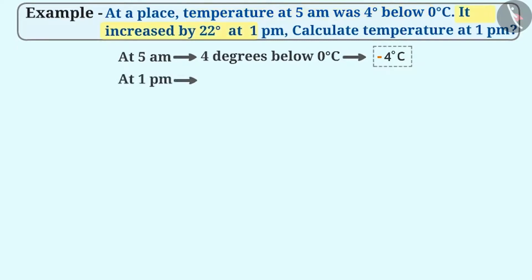Temperature increased by 22 degrees centigrade at 1 p.m. Since the increase in temperature is represented as a positive integer, it can be shown as +22 degrees centigrade.